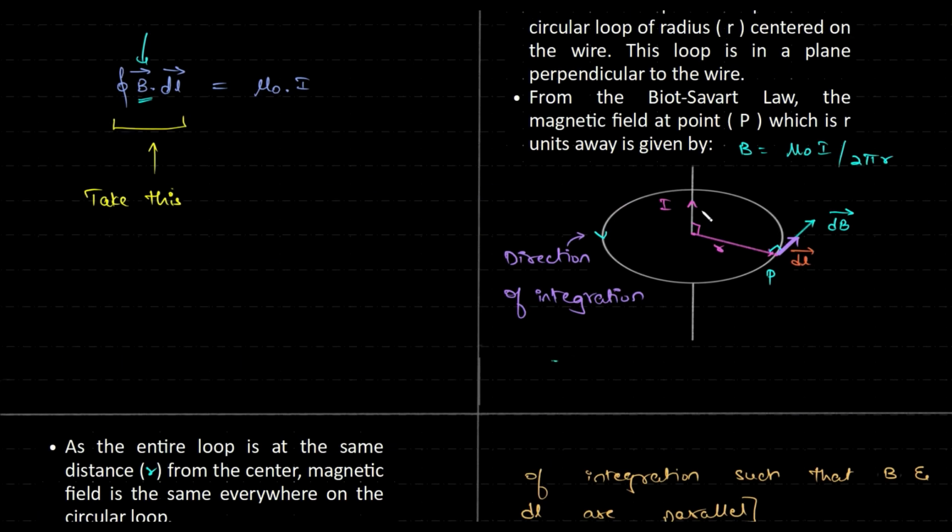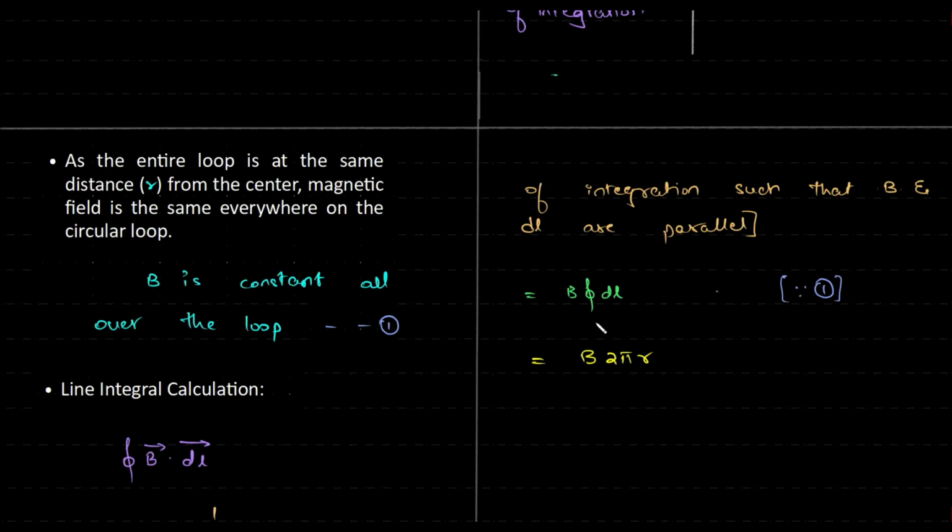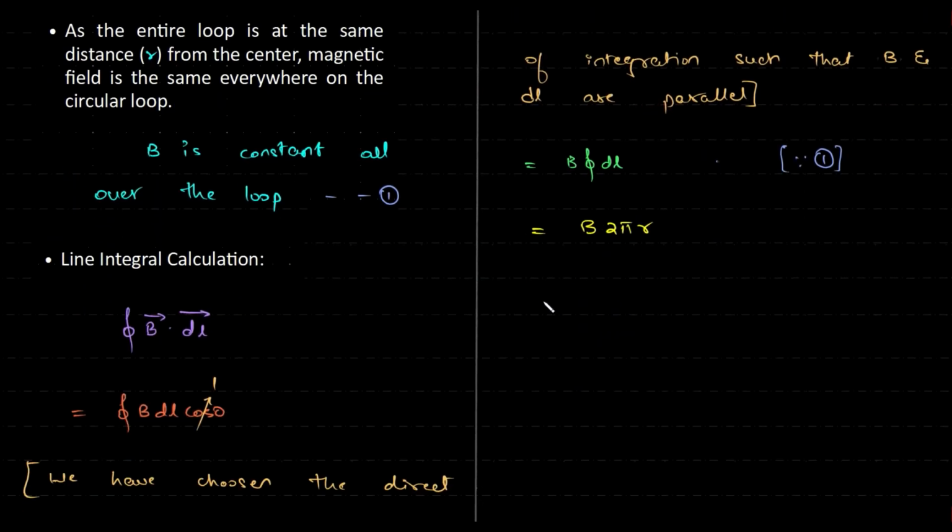Now, I'll call this equation 2, or A, anything, doesn't matter. So from A, what do we have? We have mu naught I by 2 pi r. So B is equal to mu naught I by 2 pi r. The 2 pi r and this 2 pi r get cancelled, and we have mu naught I, hence proved.